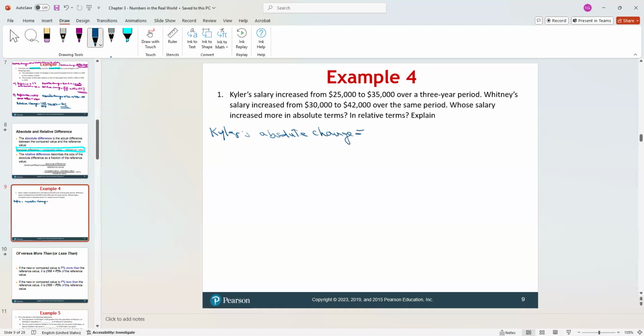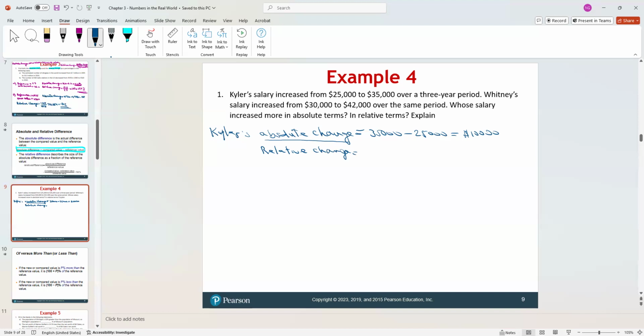Absolute change equals the new value minus the reference value, or the start one, right? So what is Kyle's absolute change? 35,000 minus 25,000 gives you 10,000. I don't know if you agree with that. Now, the question asks about salary increase in absolute terms, so we do absolute change. Let's also do relative change for Kyle.